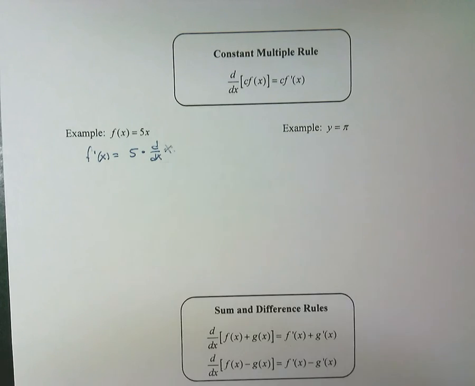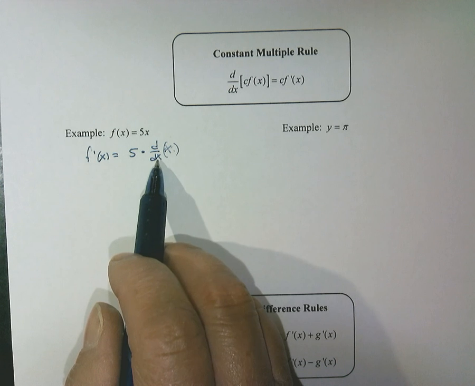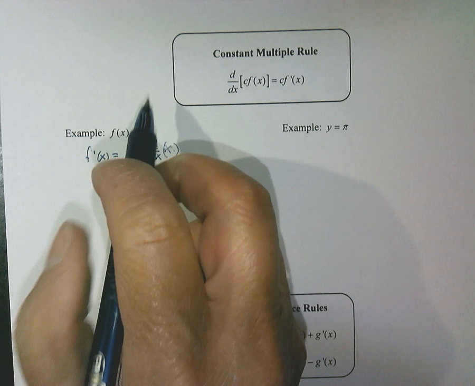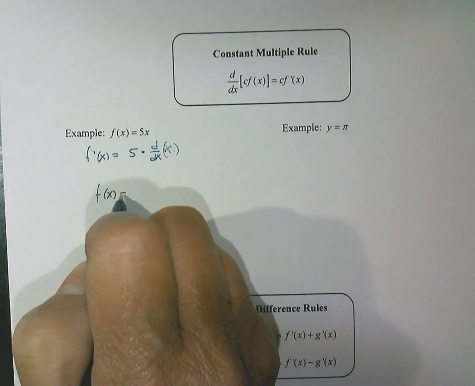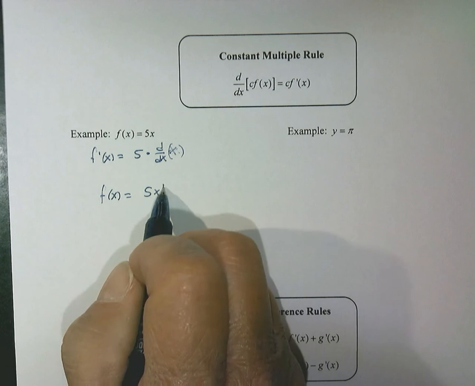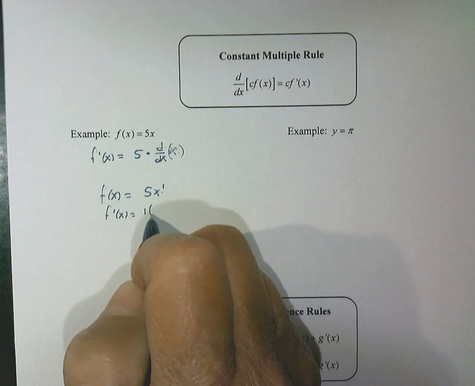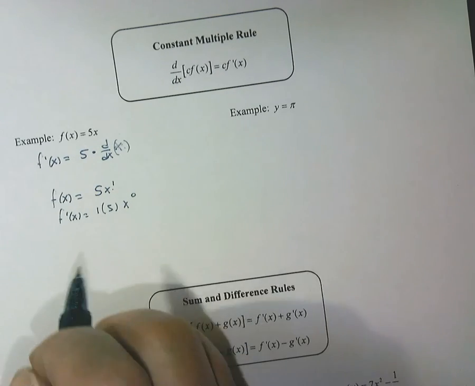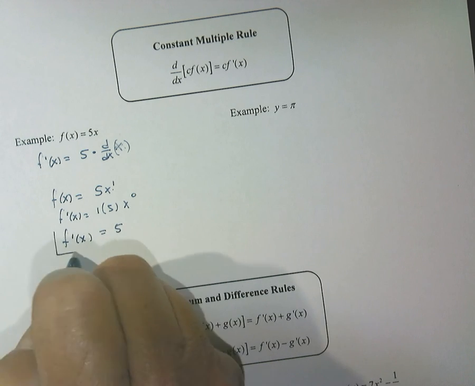Well, the derivative of x with respect to x is just 1. If I thought of it another way, 5x to the first power, bring the 1 in front, 1 times 5, x to the 0 power, so this is just going to equal 5.